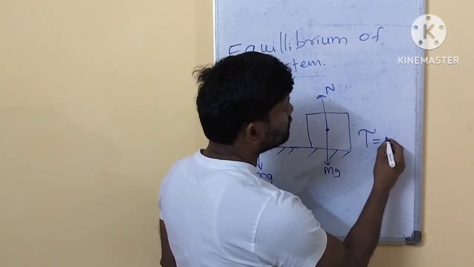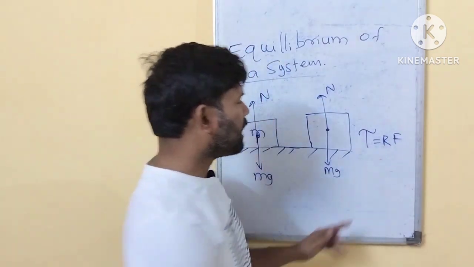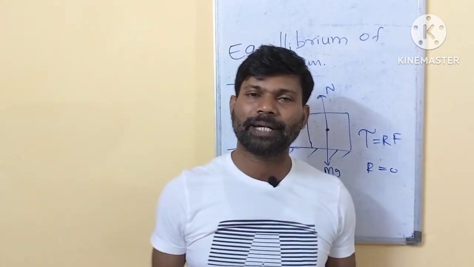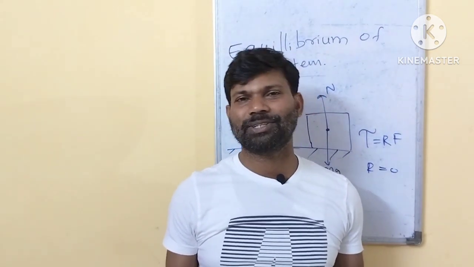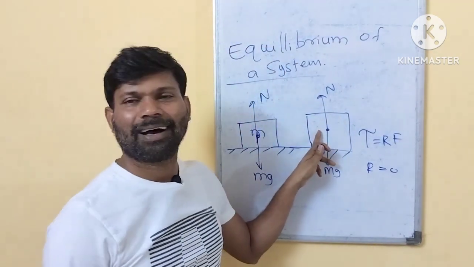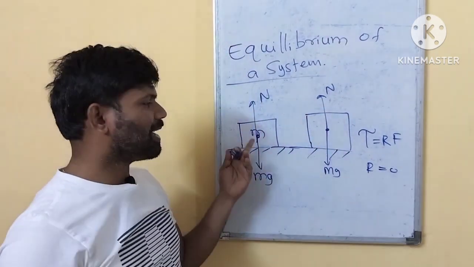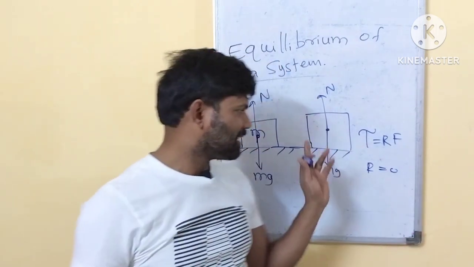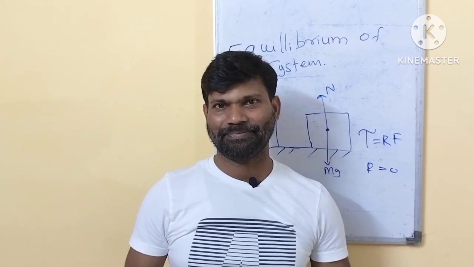Torque is equal to R into F. Here R is 0, and net force is also 0. So net torque on the object is 0 and net force on the object is 0. So we can say this object is in equilibrium.